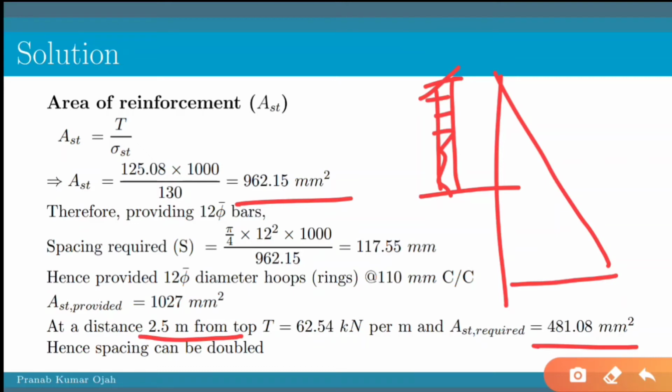We can provide the spacing of the hoop tension as 220, means double of 110. We can provide the hoop tension reinforcement at 220 mm center to center. As the area of steel becomes half, the spacing may be doubled above 2.5 meter of height.